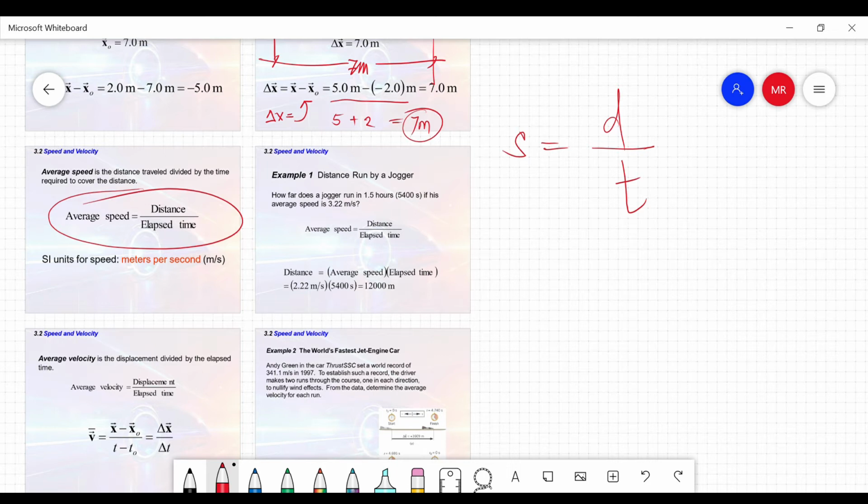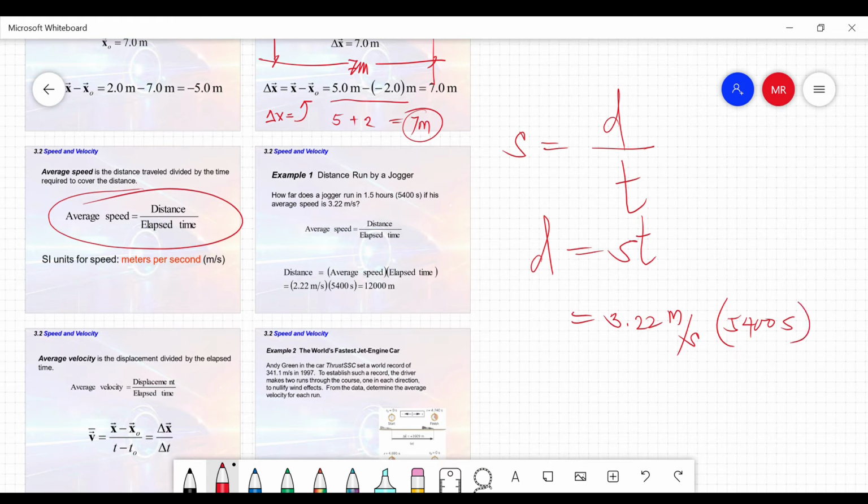Now we are being asked to find the distance. By cross multiplication, we can derive the equation for D. D is equal to S times T, where S is equal to the average speed, 3.22 meters per second, multiplied by 1.5 hours, which is 5,400 seconds.